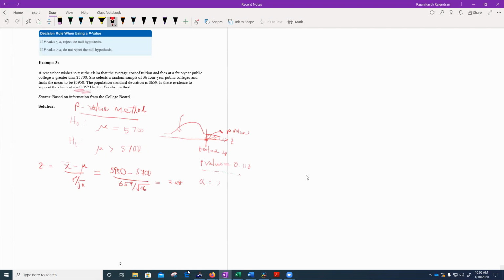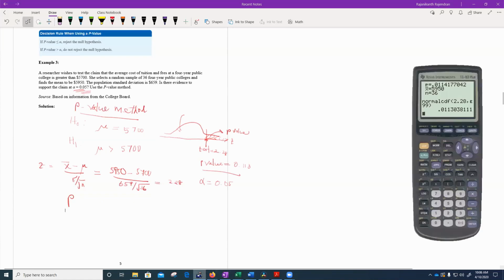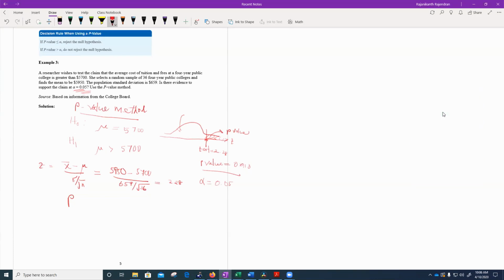Therefore, my alpha is 0.05. Now consider these two numbers and compare which is bigger. Did I miss any number here? No, you see I missed a 0 here. It's not correct. There's a 0 here: 0.0113. So therefore my p-value is smaller than alpha.